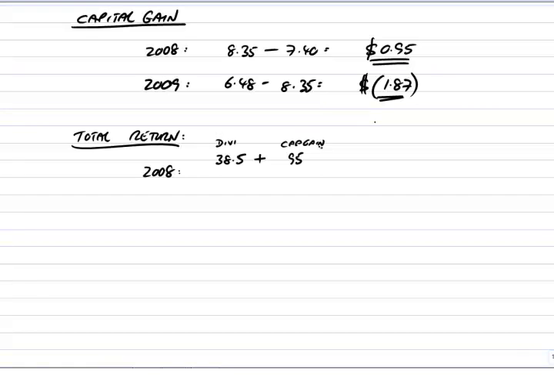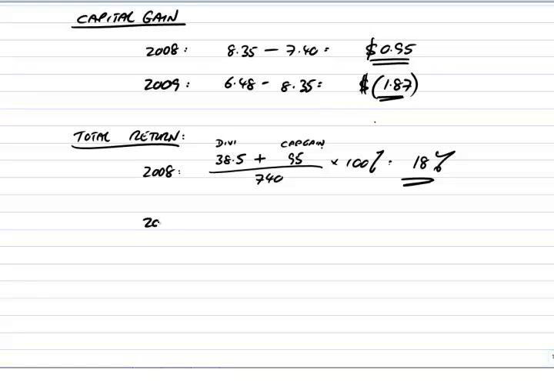So there is the total return, expressed as a percentage, again, of the opening market value of 740 cents. So I get an overall return of 18%, 18.04.